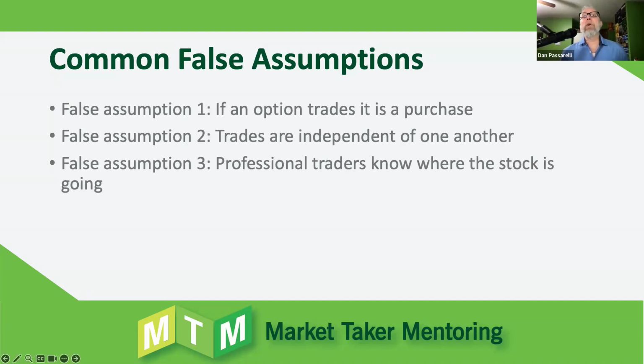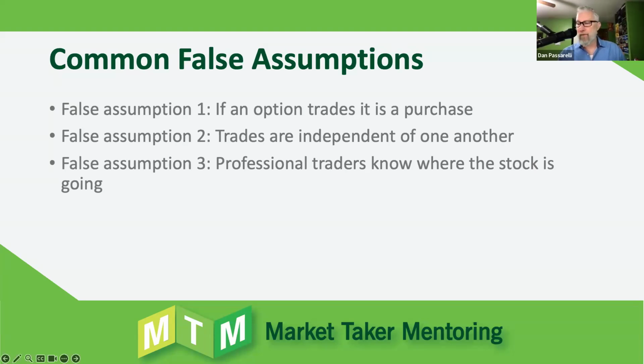False assumption number three. Even if you know exactly what traded and it's a big size, so it's a professional trader, professional traders don't know where the stock is going any more than you or I do. I spent many, many years as a professional trader, and I never knew once where a stock was going with any degree of certainty.